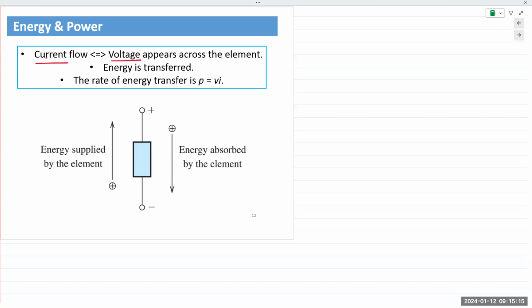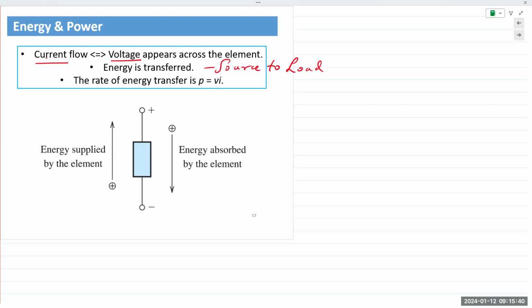If current flows through a circuit, voltage appears across that element. If there is voltage applied across an element, we'd have current flowing through that element. Energy is transferred from source to the load. The only loads that we study in this class are the resistor, capacitor, and inductor.